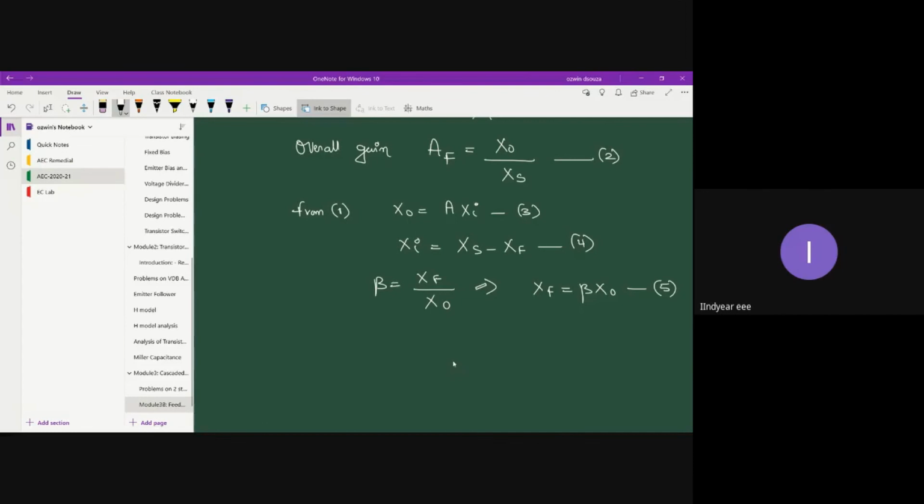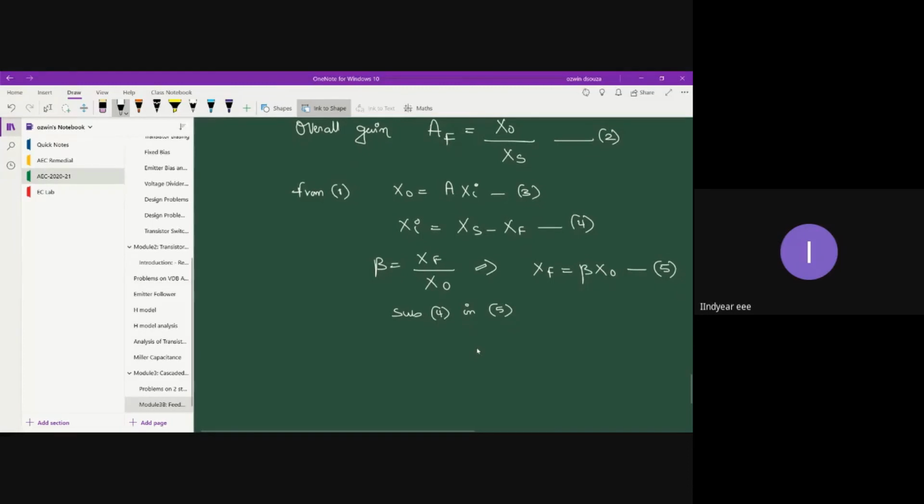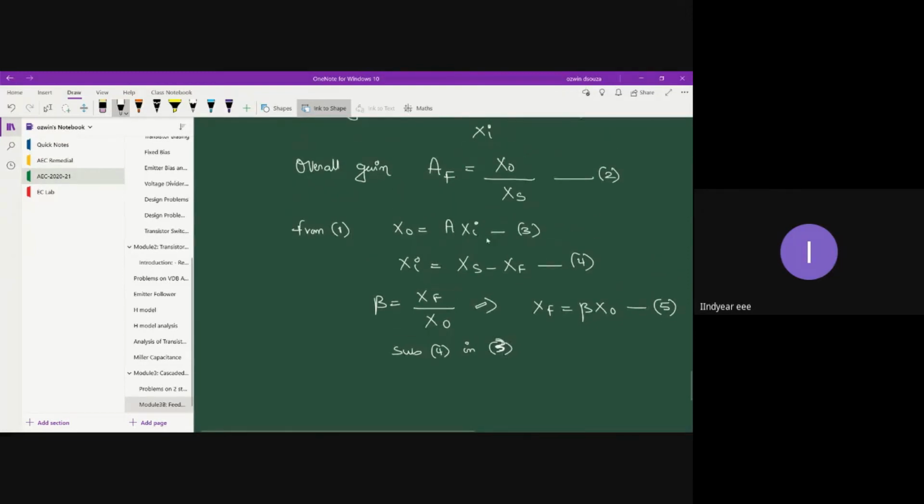Now what you can do is start substituting. Substitute equation 4 in equation 3, because equation 3 is for x0.